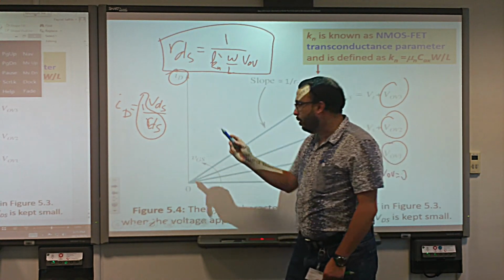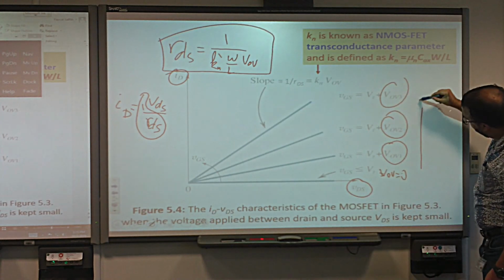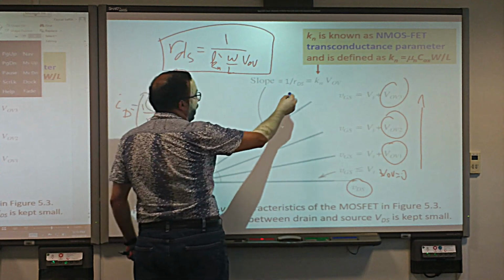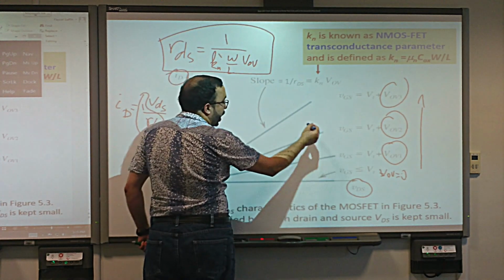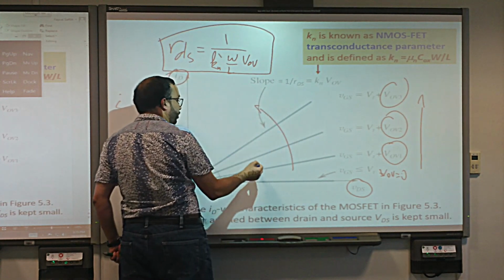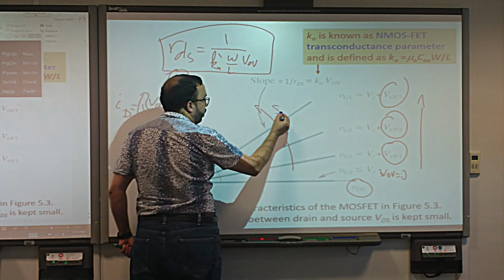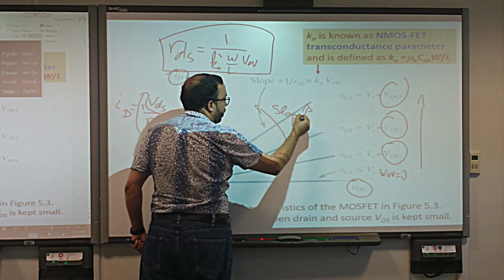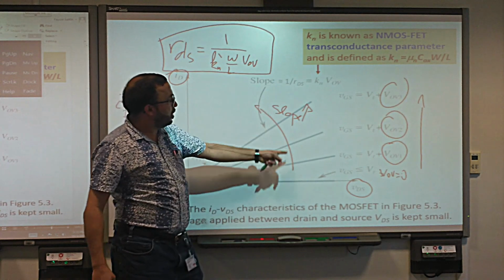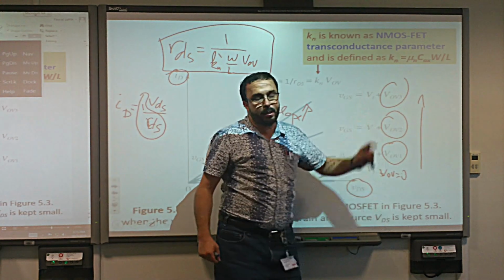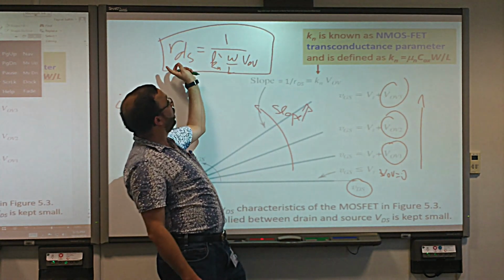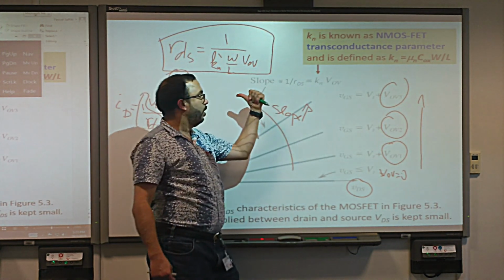Because RDS decreases, the slope will increase. The slope is increasing this way. Why? Because the resistance decreased because the overdrive increased. So the overdrive decreases RDS, and the decrease of RDS increases the slope.